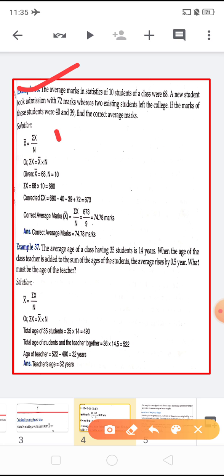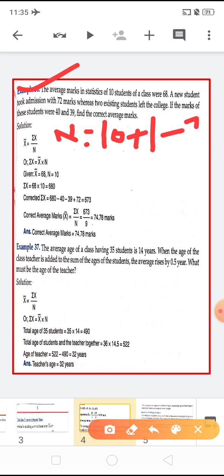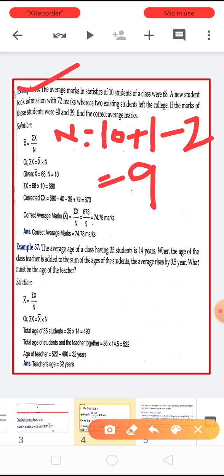So if we're talking about the number of items, 10 students we already have, 1 is included and 2 have left the school. So the total number of students left is 9. The marks of the two students who left were 40 and 39, and we need to find out the correct arithmetic mean.